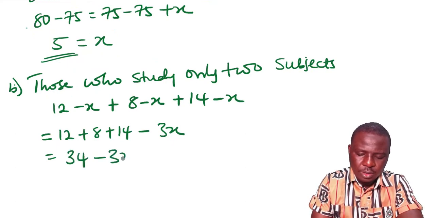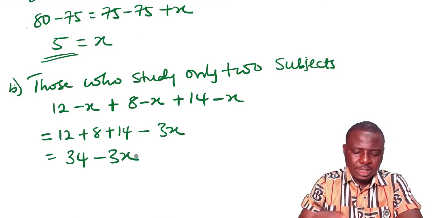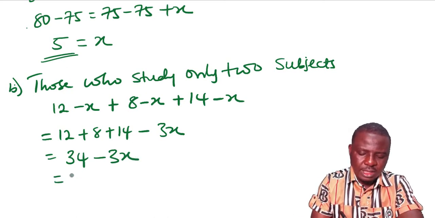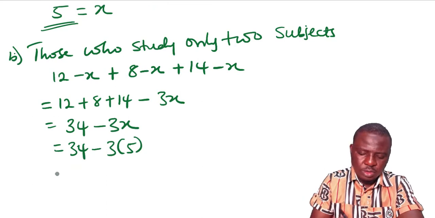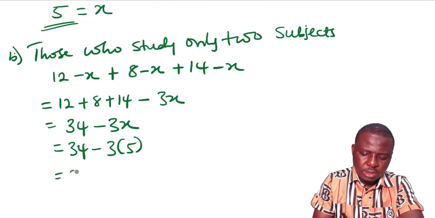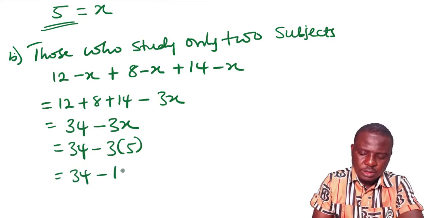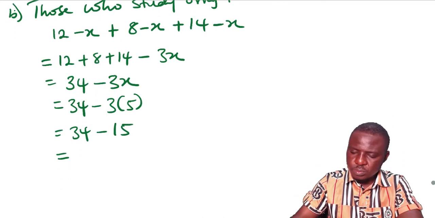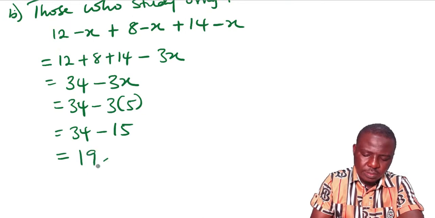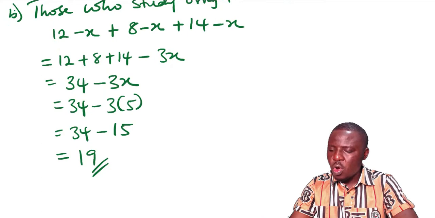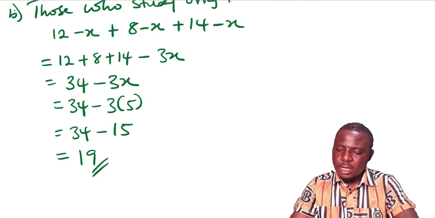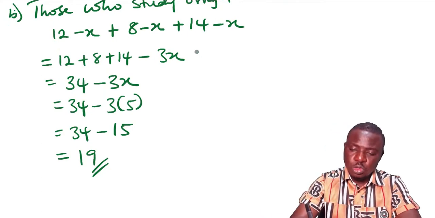So 34 minus 3x, where x is said to be 5, and this becomes 34 minus 3 times 5. 34 minus 15 is equal to 19. So it therefore means that 19 students studied only 2 subjects.